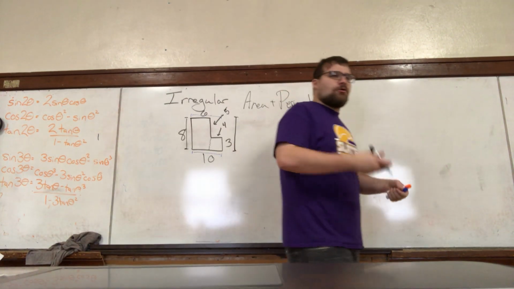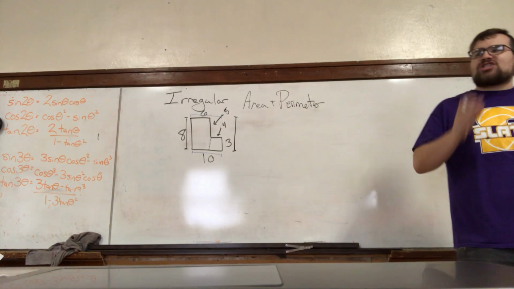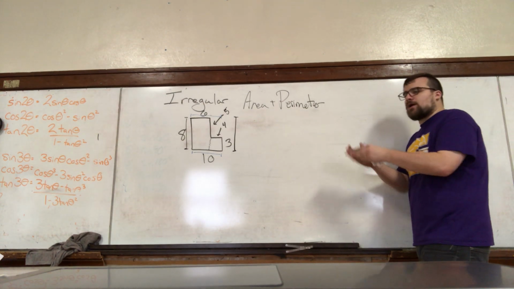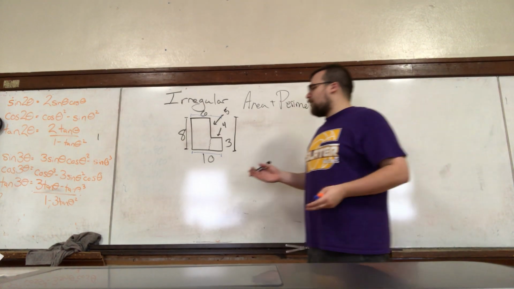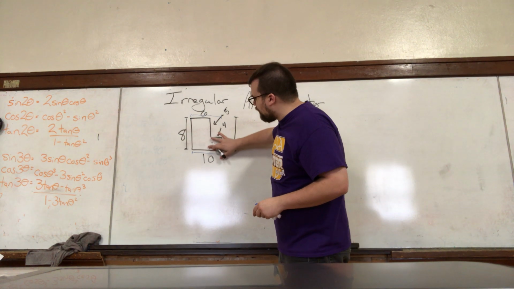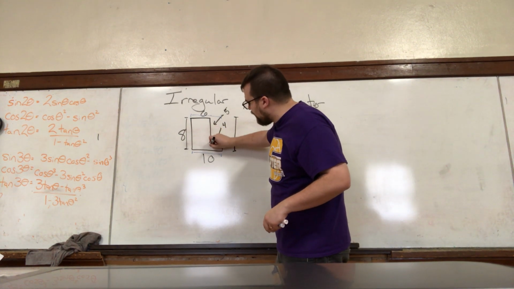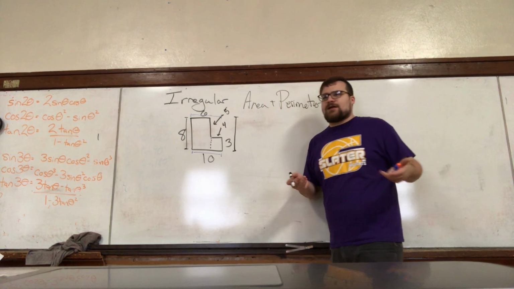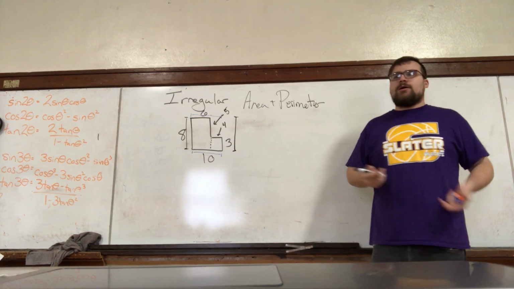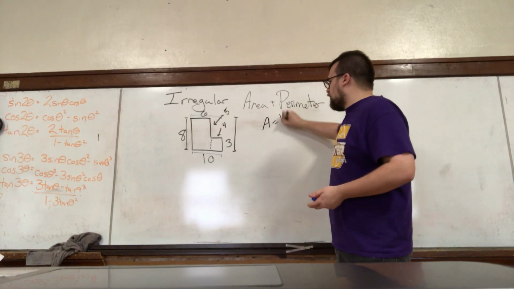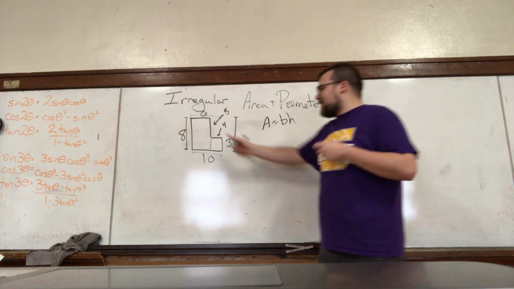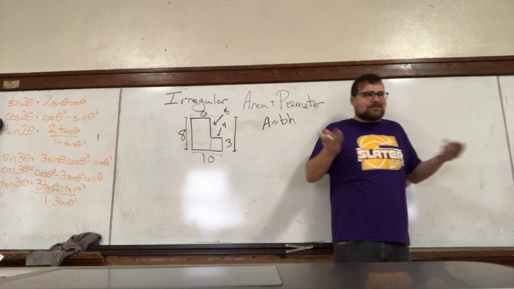When we have an irregular polygon, we want to separate it into shapes we're more comfortable with. We know how to find the area of rectangles and squares. That's pretty straightforward. How do you find the area of a rectangle or a square? Base times height. But what happens is we had a weird L-shaped hexagon.